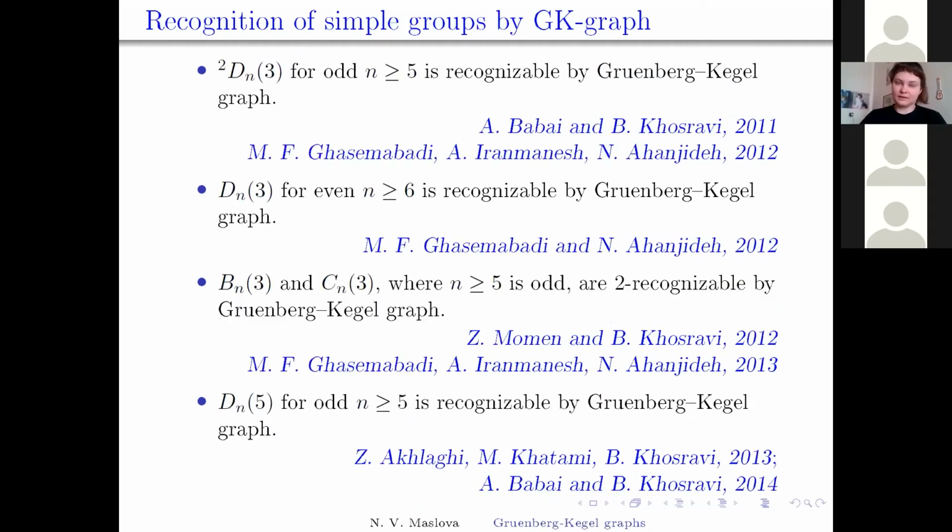And on this slide, you can see a series of results by Iranian mathematicians about groups of Lie type of unbounded ranks, but over a very small field, which are known to be recognizable or co-recognizable by Gruenberg-Kegel graphs.